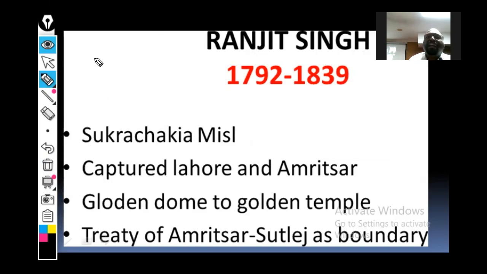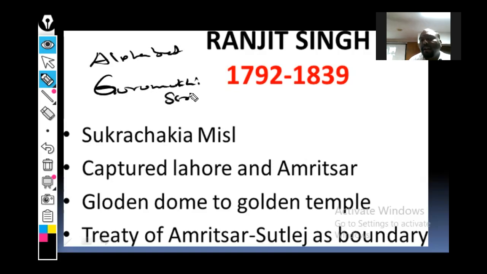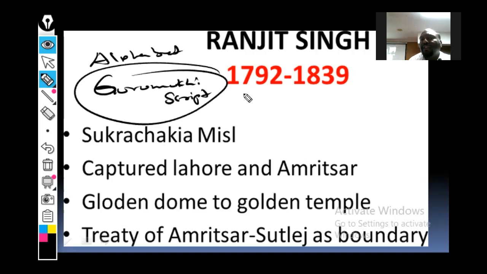The maximum he could read was only the alphabet of the Gurumukhi script. This is the script used to write the Guru Granth Sahib, the book of the Sikhs. So he could just read the alphabet; two alphabets together, he could not read. That means he did not know how to read and write.